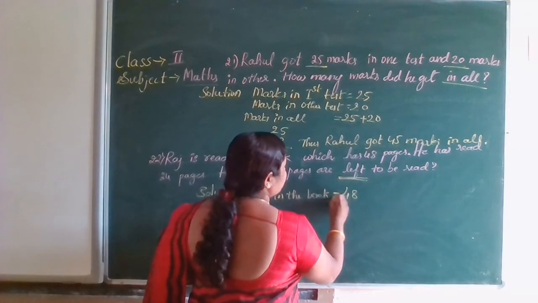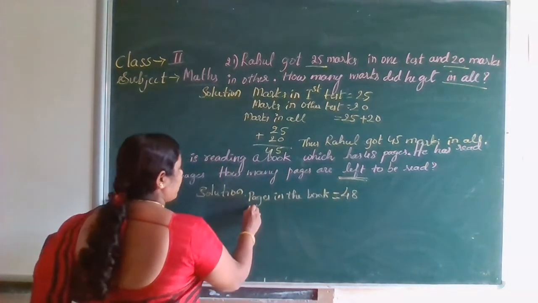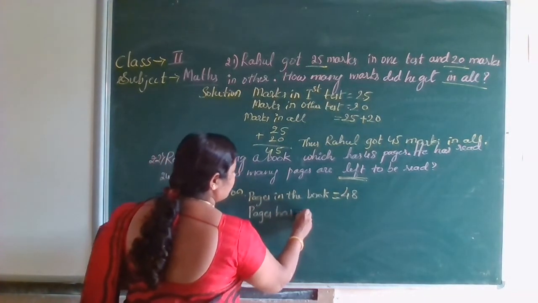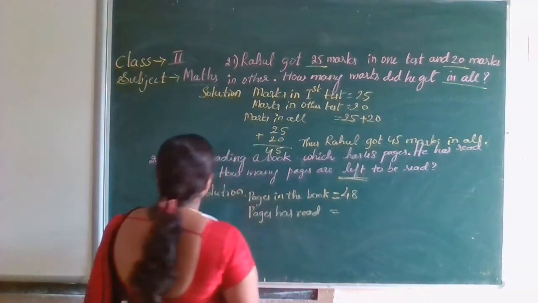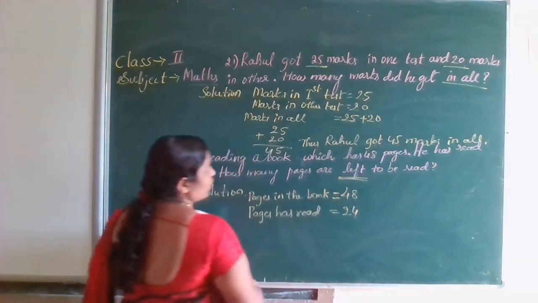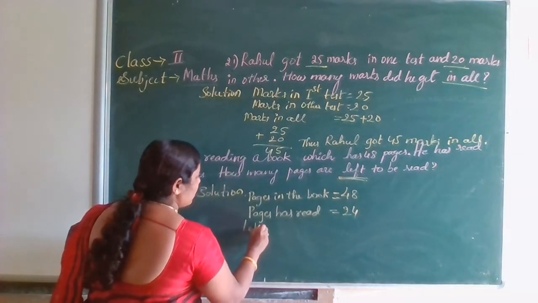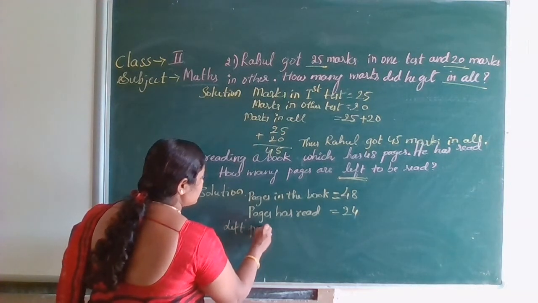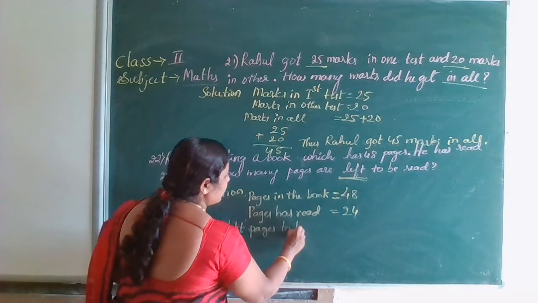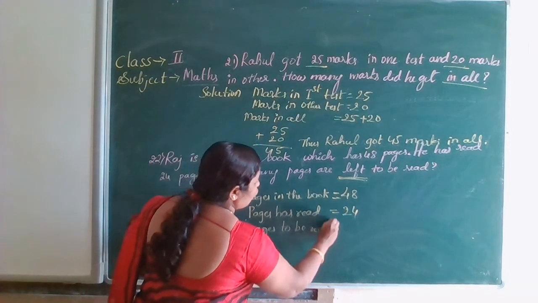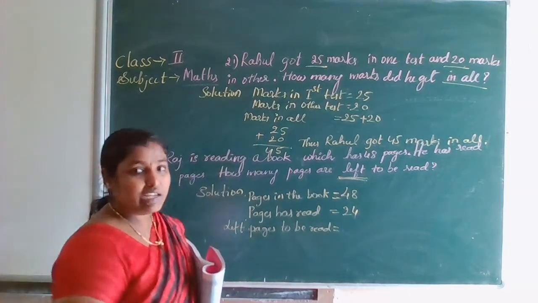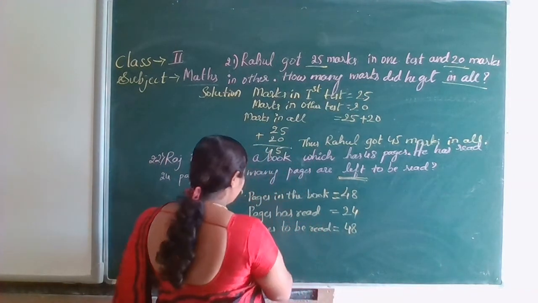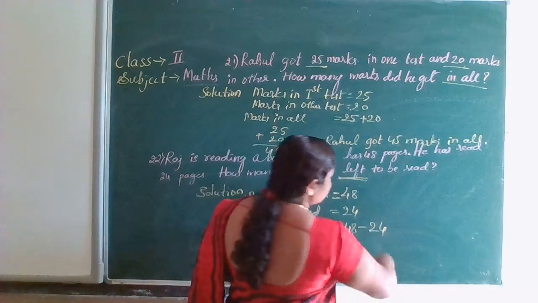Pages he has read: 24. Left pages to be read. So how many pages are left to be read still? To identify, the word left indicates to do subtraction.